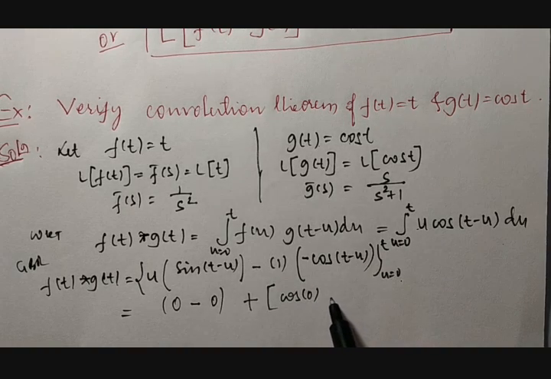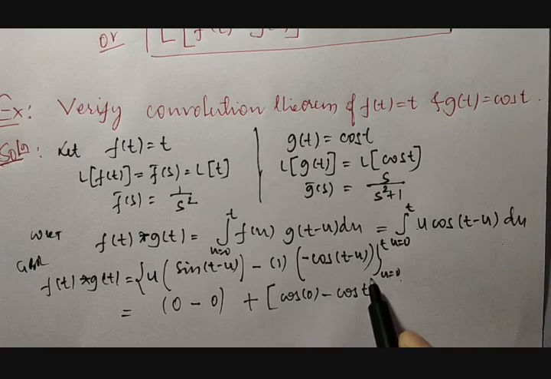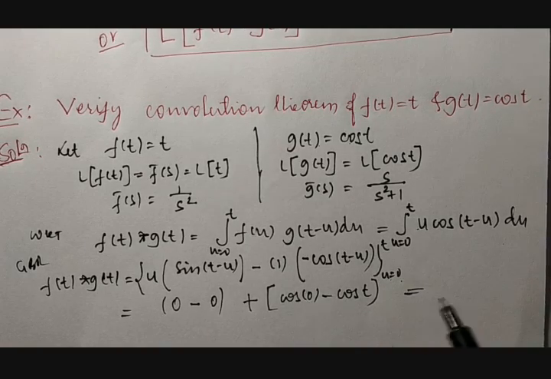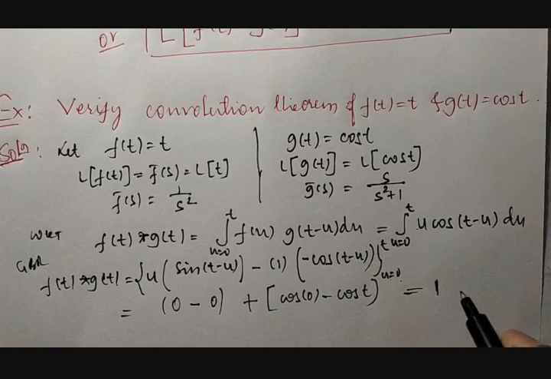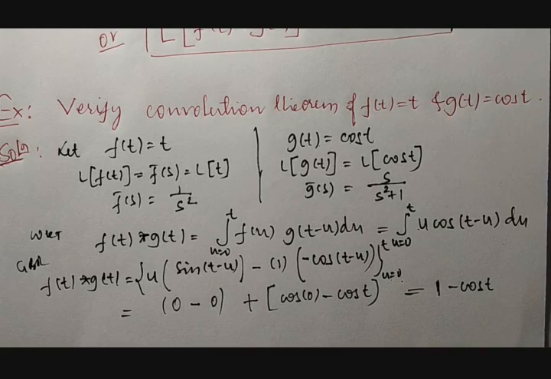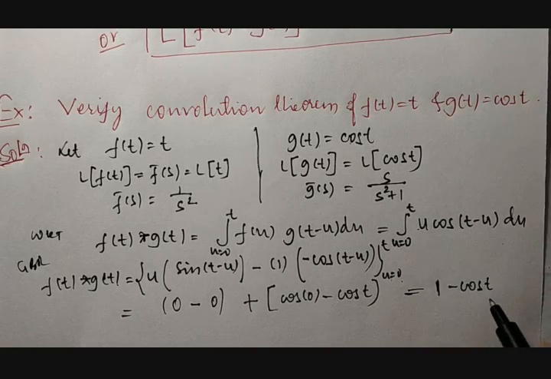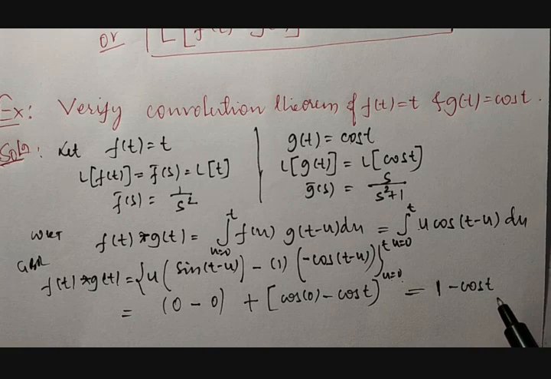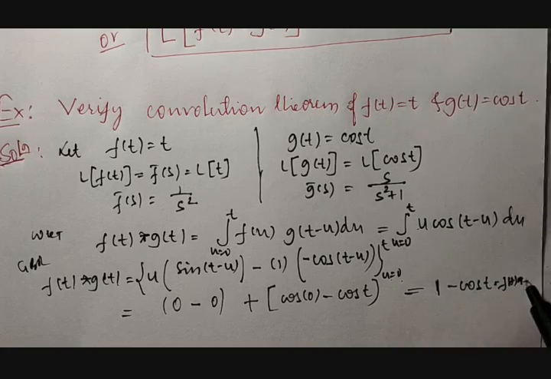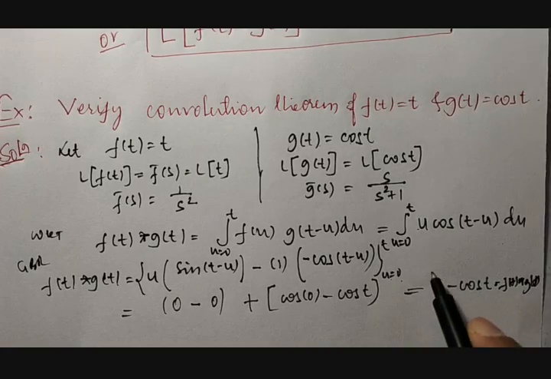Minus, if you substitute the lower limit, then it becomes cos t. Therefore, this is equal to, what is cos 0? 1 minus cos t. Fine. So this is the result for f of t star g of t.